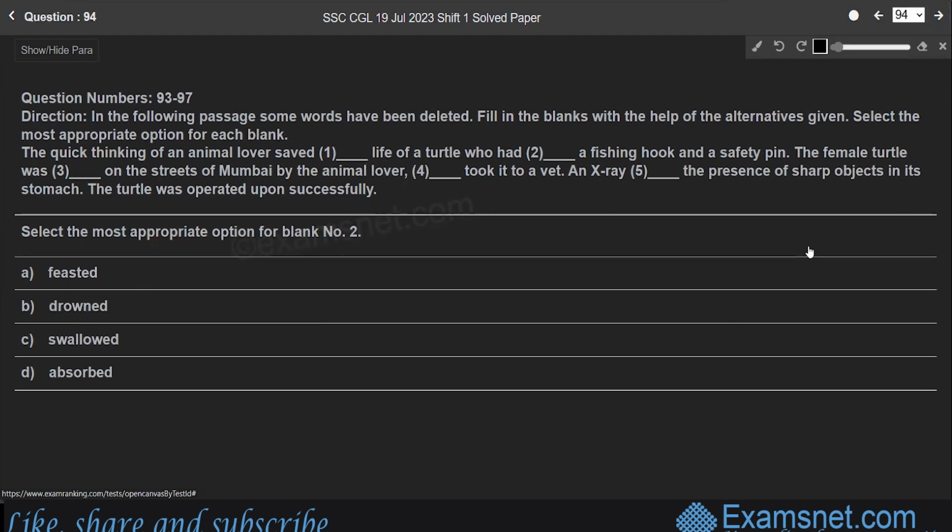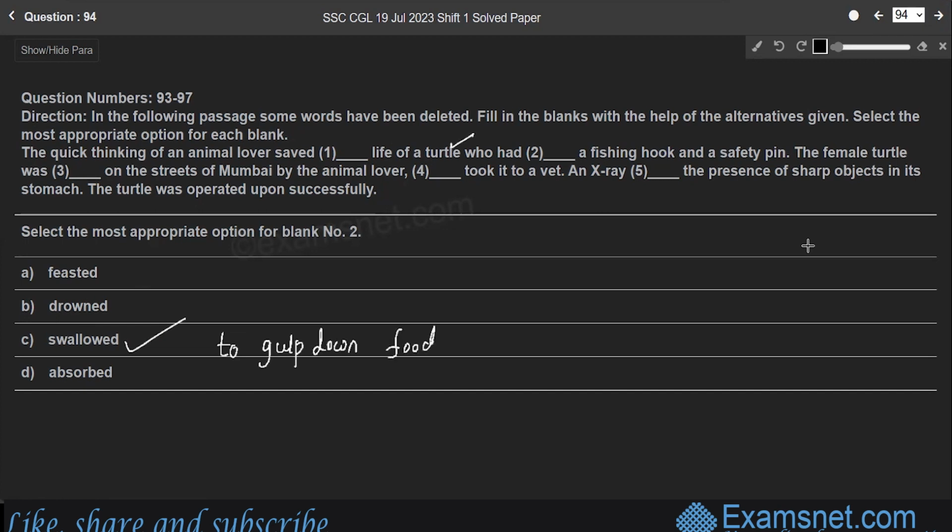Moving further, question 94. Who had dash a fishing hook and a safety pin? So, who had turtle? The turtle had swallowed a fishing hook and a safety pin. Here, swallowed means to gulp down food.